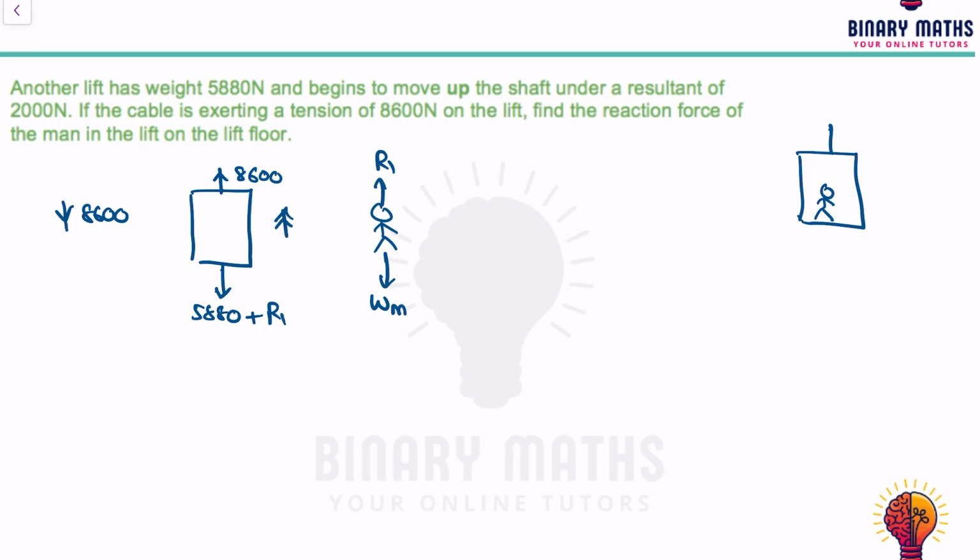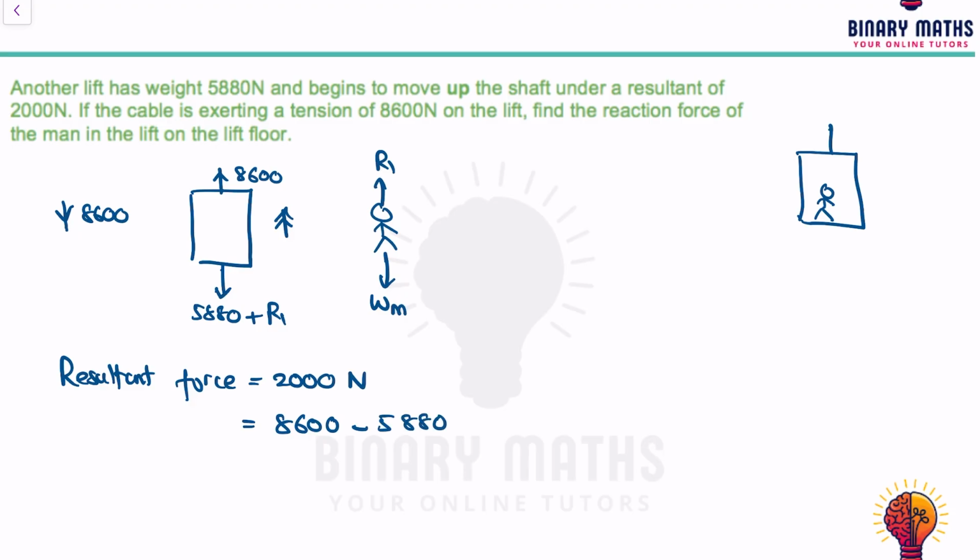So we know everything's been labeled so we can answer the question. Resultant force is equal to 2,000 newtons. But for the lift, it's also equal to 8,600 because it's moving up: forces acting up take away forces acting downwards.